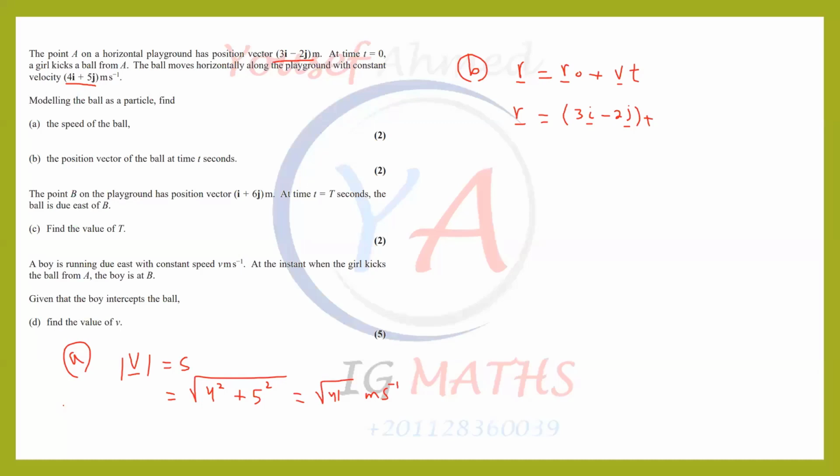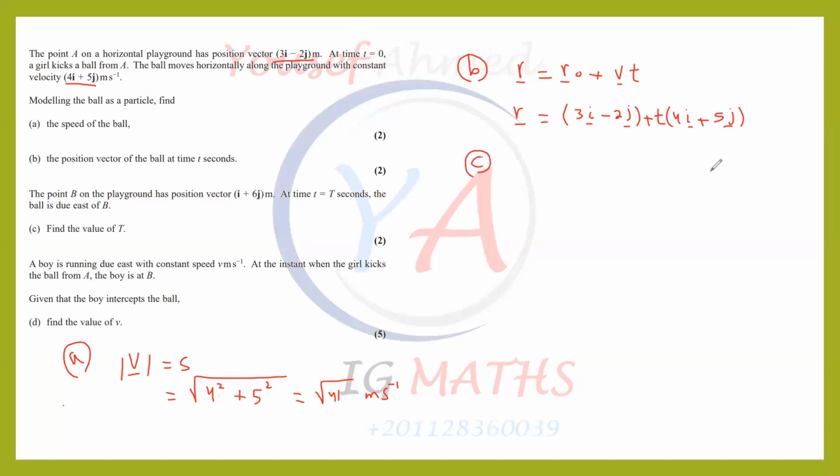So now we can work on the position vector for the ball by getting R node plus Vt. R node is 3i minus 2j added to 4i, which is the velocity, plus 5j, multiplied by time t. This is the position vector for the ball for part B.